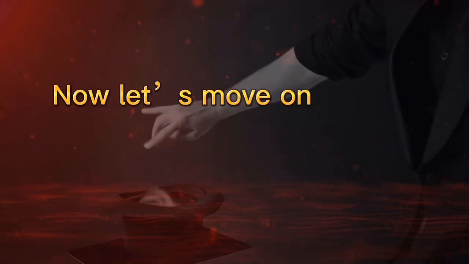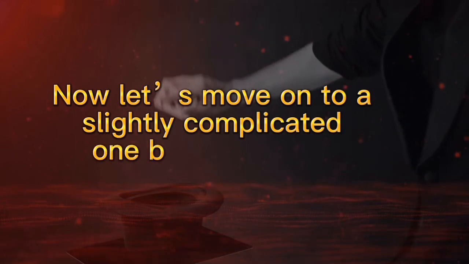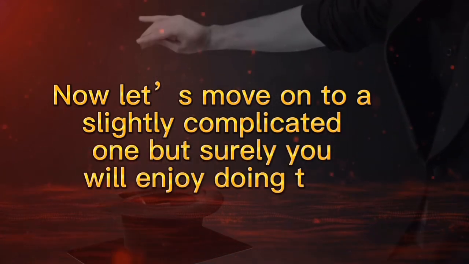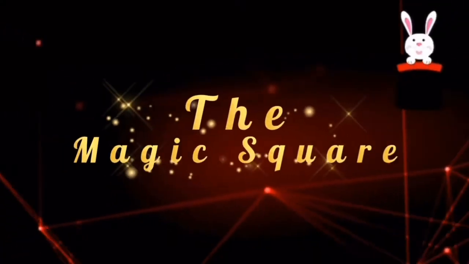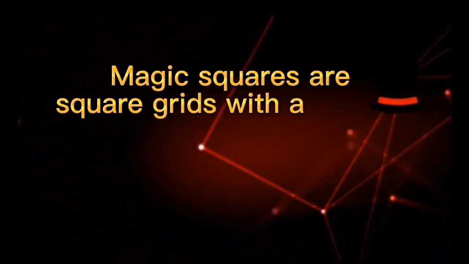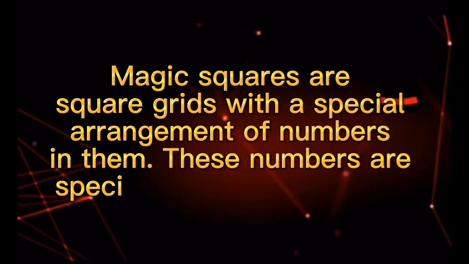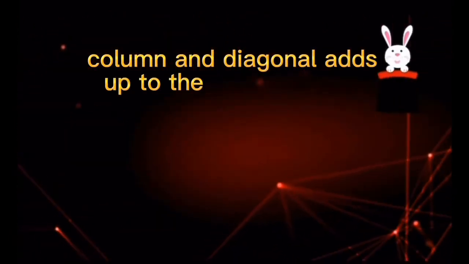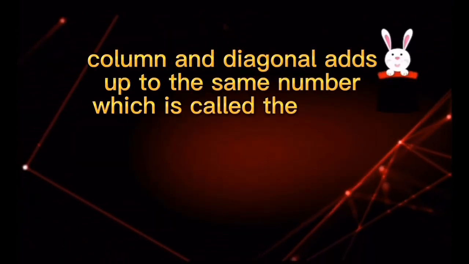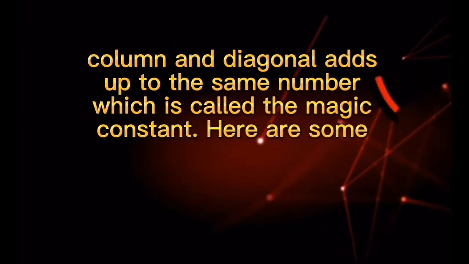Now, let's move on to a slightly complicated one, but surely you will enjoy doing this. The magic square. Magic squares are square grids with a special arrangement of numbers in them. These numbers are special because every row, column, and diagonal adds up to the same number, which is called the magic constant.